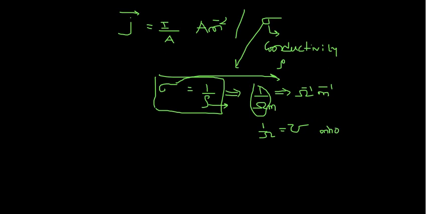Therefore, the above SI unit becomes mho per meter. That is the only difference, when I take mho as the reciprocal of ohm. Mho per meter will be the SI unit for conductivity.